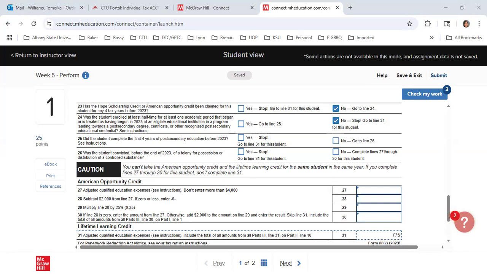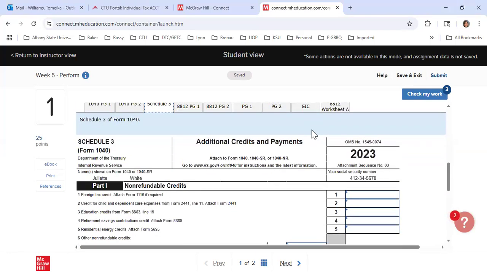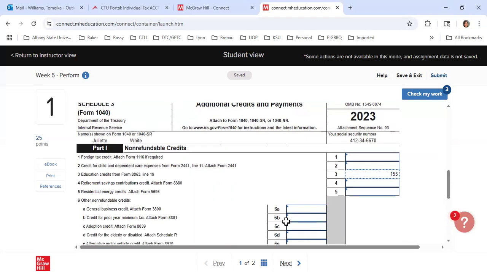All right. So now we're going to go to Schedule 3 here. And on Schedule 3, this is not a lot to fill out. The education credits are all we're concerned about on this schedule. So in box 3, you should be entering that 155 that we just determined on the 8863.